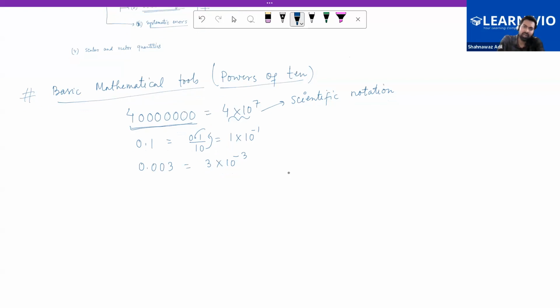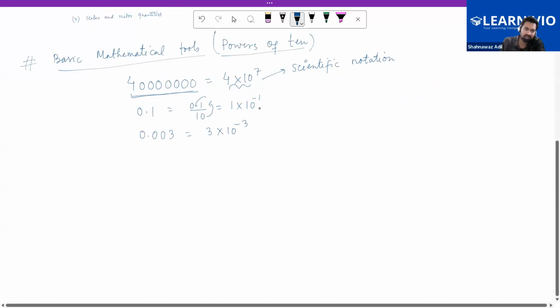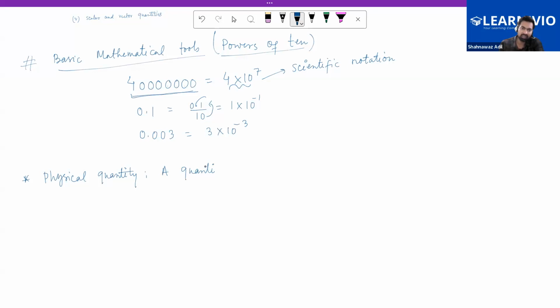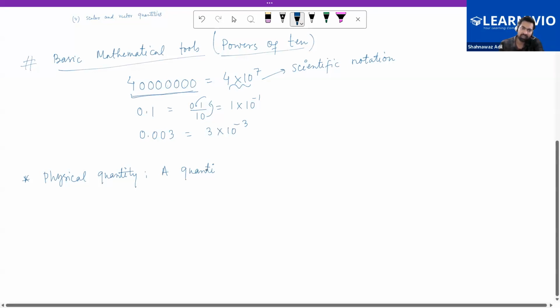Remembering these things, let us understand what is a physical quantity. Let us write all these definitions first, and then I will tell you to write.